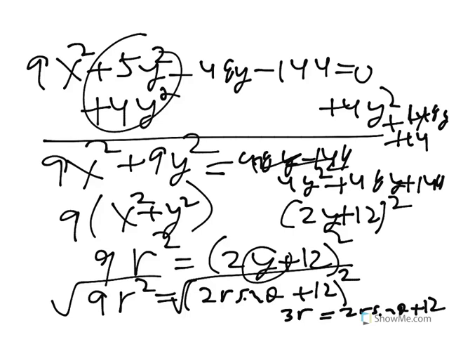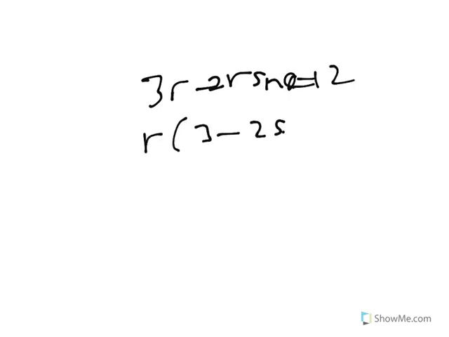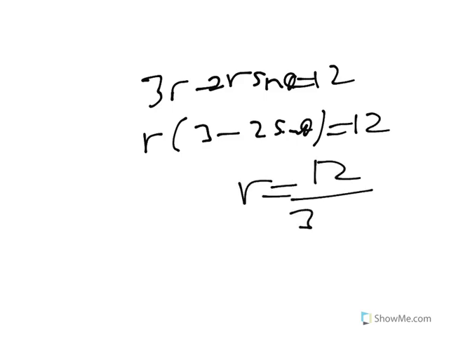So I get 3r minus 2r sine theta equals 12. Factor out the r. 3 minus 2 sine theta equals 12. r equals 12 over 3 minus 2 sine theta. So I'm able to go backwards also.